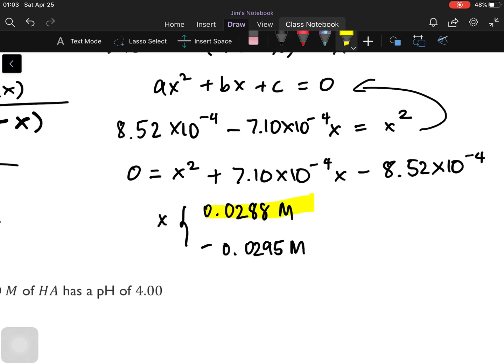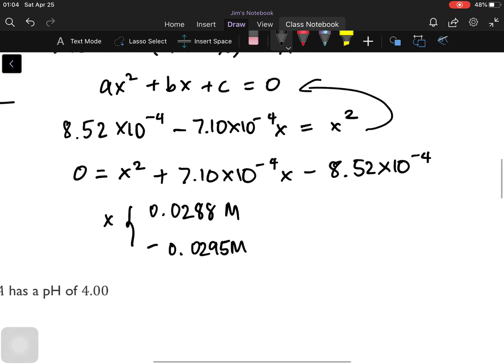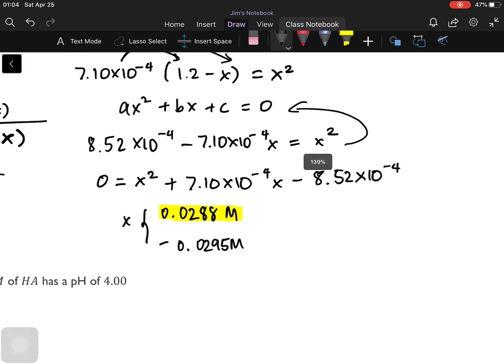The first root is a positive root, the other one is a negative root. Which of the two should I use? Of course this one. I'm going to use the positive root because the positive root is the only root that makes sense. So we're going to get the positive root for this case.